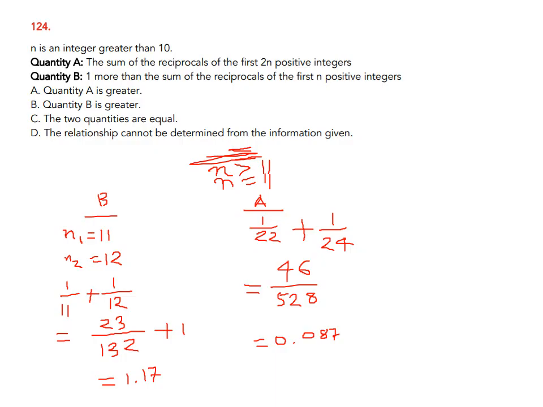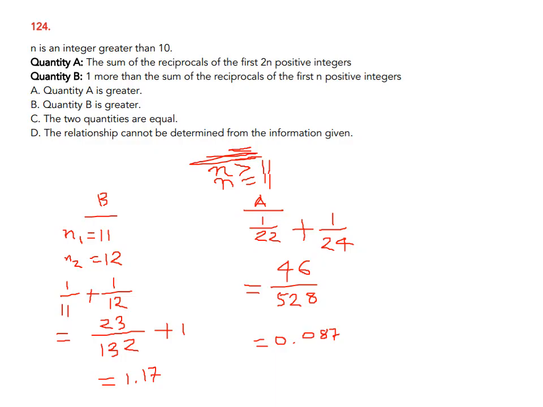Now for quantity B, we get n1 equal to 11 and n2 equal to 12. Now take the reciprocals of the first positive integers. We have taken two positive integers, 1 by 11 plus 1 by 12, and then added 1 to that. We get the result 1.17.